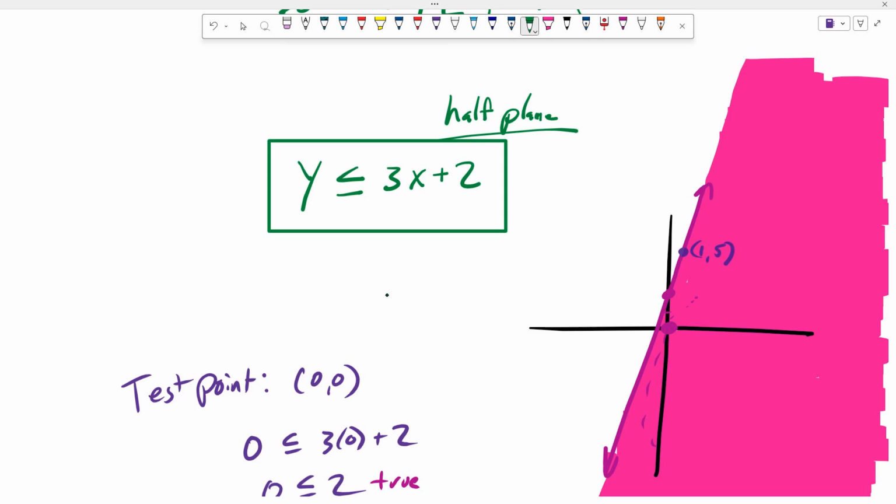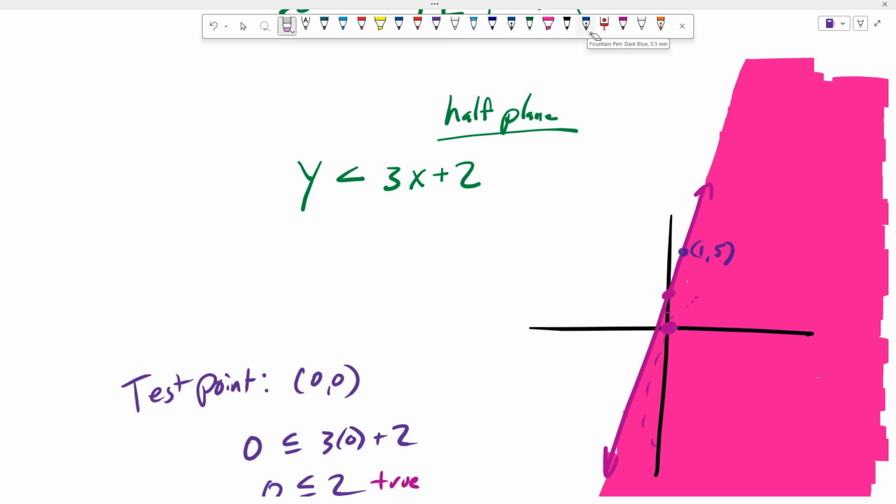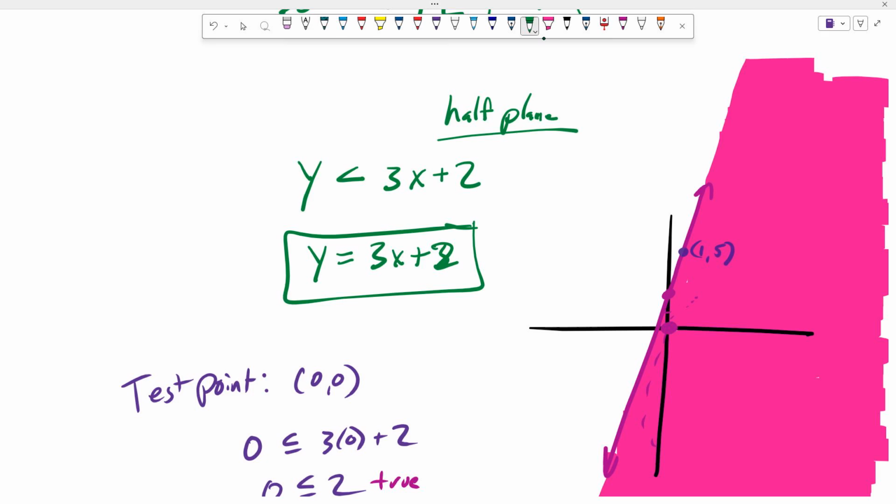Okay, what would change if it was strictly less than? If it was strictly less than, everything that's a solution here would not be a solution.